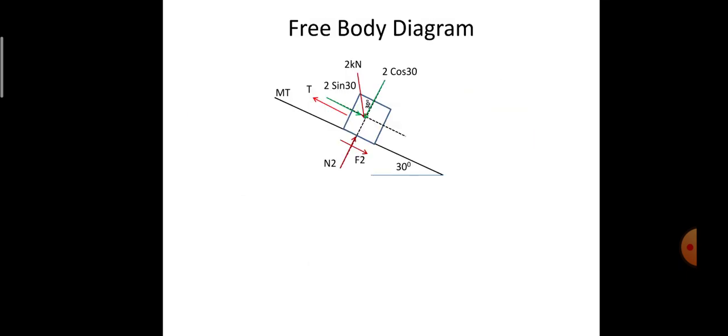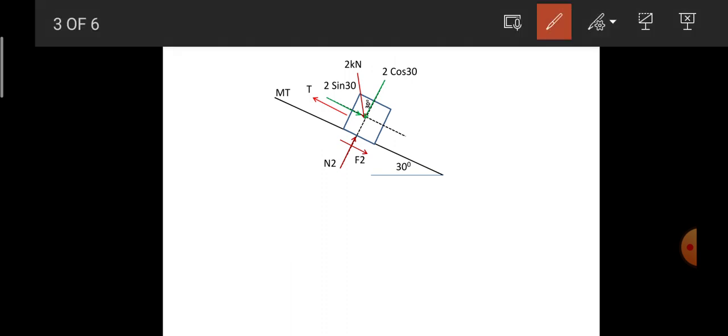Next, coming on to the sketching of the free body diagram. First I am going to consider block A, which has a self weight of magnitude 2 kilonewton. If I draw the x and y axis, this black color line indicates the x and y axis of the block.